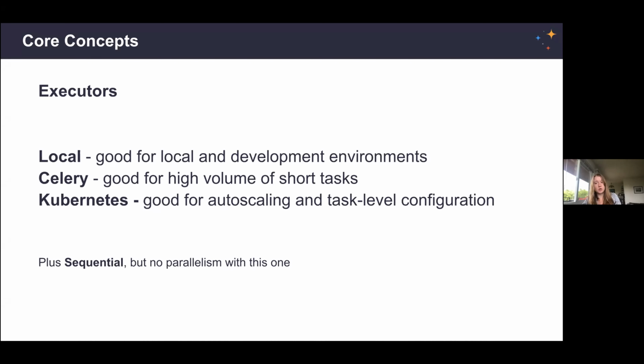Again, we could talk about this all day and I won't bore you with that, but these are considerations when you're deciding how to run Airflow, and which is going to work best for your use case. I added a little note that technically there is a fourth executor, the Sequential one. I would not recommend using it. It doesn't offer any parallelism, so typically we don't see that one used in practice.